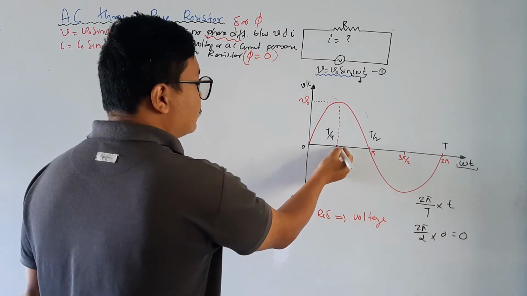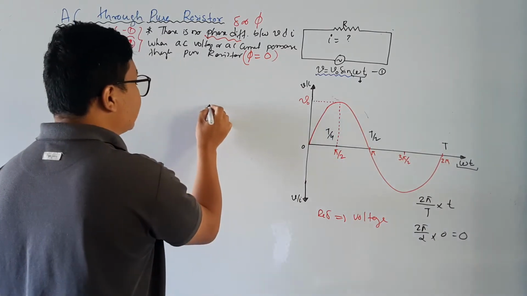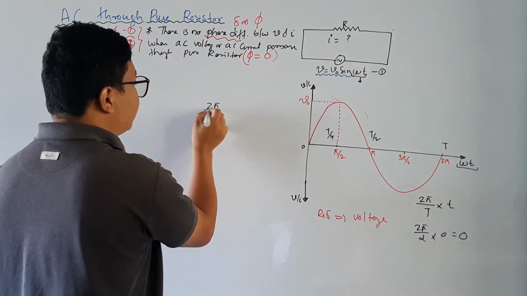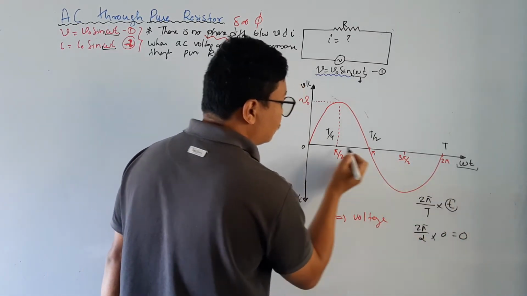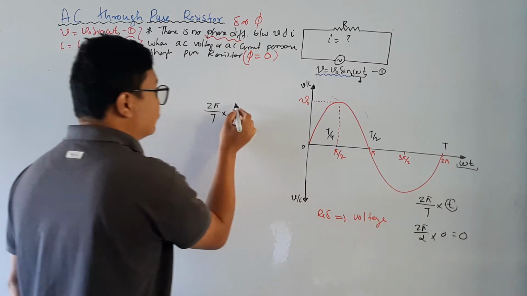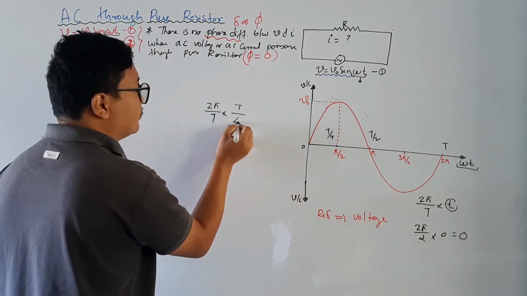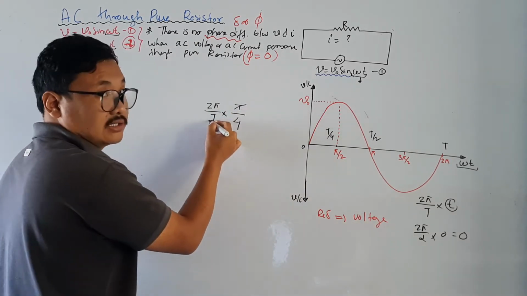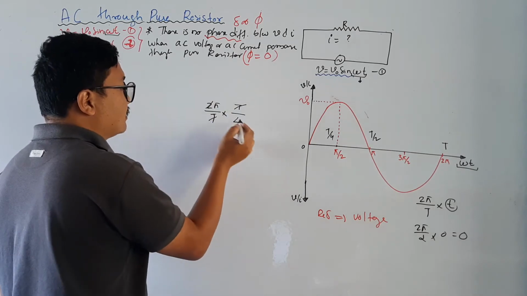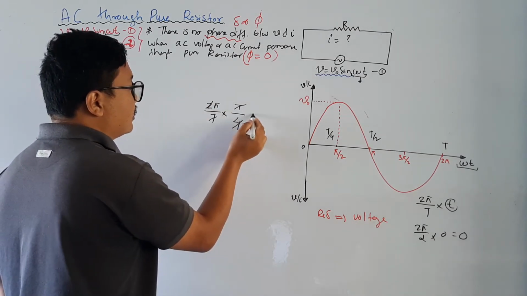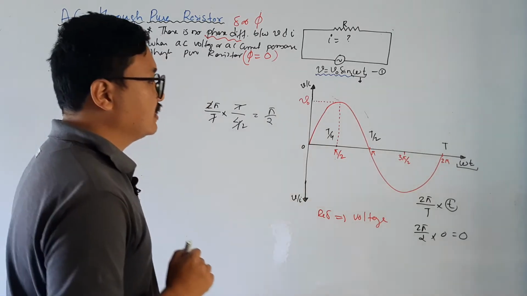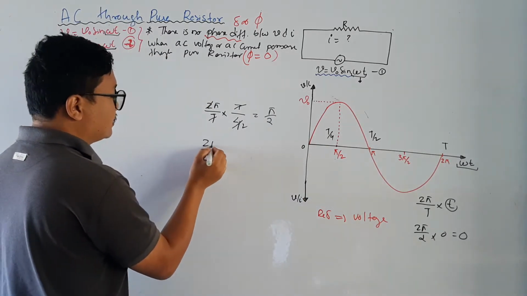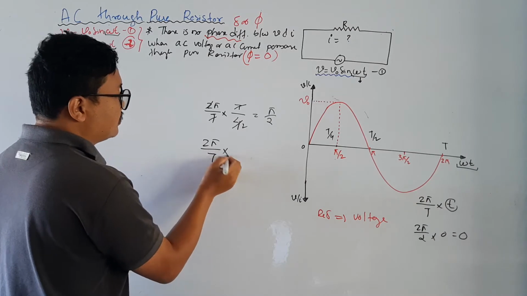Now at this point, what is the value of omega t? Again, omega t is 2 pi by capital T into time. What is the value of time at this point? It is T by 4, isn't it? I will write T divided by 4, and this T will cancel, and 2 to the 4 will give pi by 2. So I am getting here pi by 2. Similarly, again I will write 2 pi by T into this T.